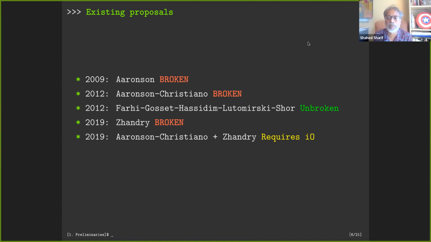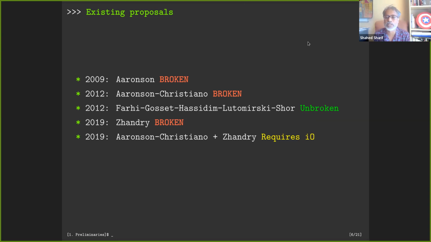In terms of public key quantum money, the first one was proposed by Aaronson in 2009, followed up by Aaronson and Christiano in 2012. Both of those were broken. Also in 2012, Farhi, Gosset, Hassidim, Lutomirski, and Shor proposed a quantum money protocol that is based on knot theory. They don't have a security proof, but that one is so far unbroken.